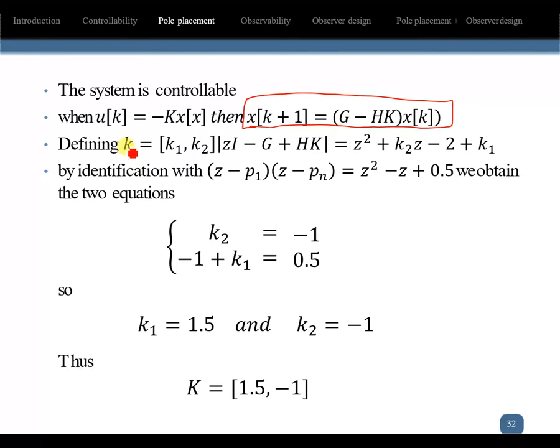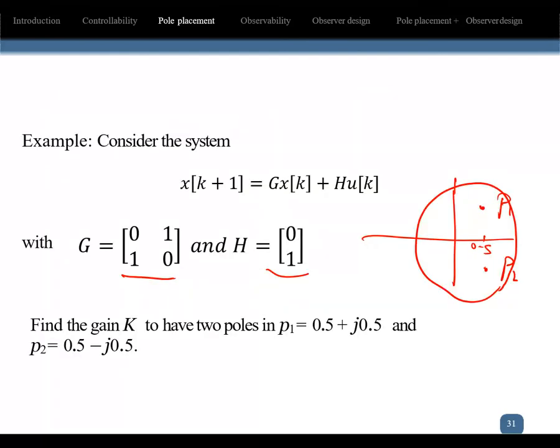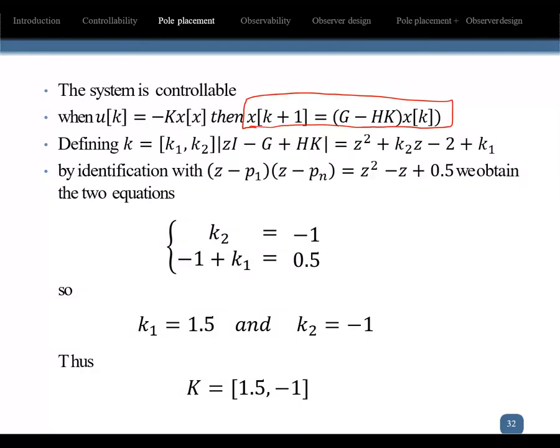Now I must find K, K1 and K2. The determinant of zI minus J plus HK equals z² plus K2 z minus 2 plus K1. I would like to solve this one. If you remember, the J for me is [0 1; 1 0] and H is [1; 0]. Here they ask me for zI.